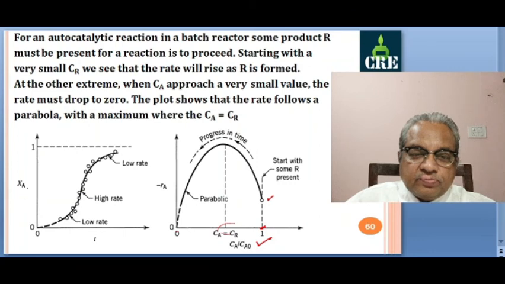Same representation. So we will get it in terms of XA on the y axis and t as time proceeds. So a low rate initially, here some low rate, then it picks up, so a higher rate, and then the rate goes on falling.